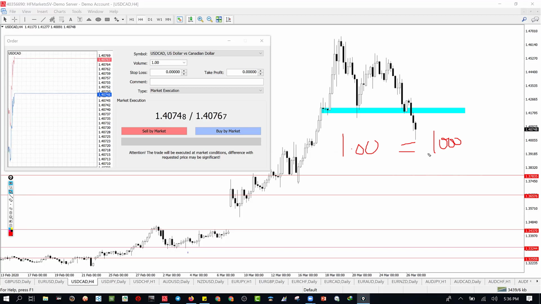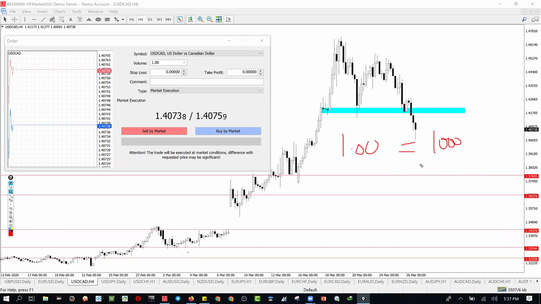It all depends on the currency you fund your account with. Whatever currency you fund your account on, 1,000 of that currency equals one lot on the standard account.